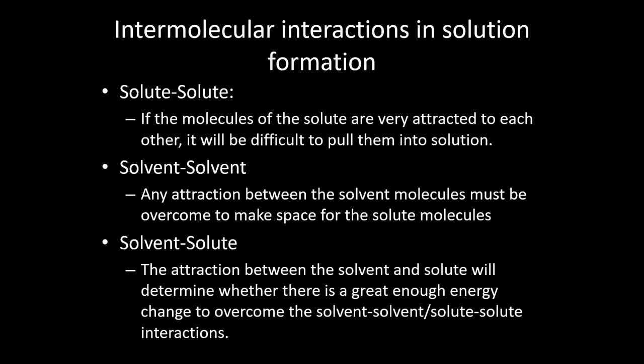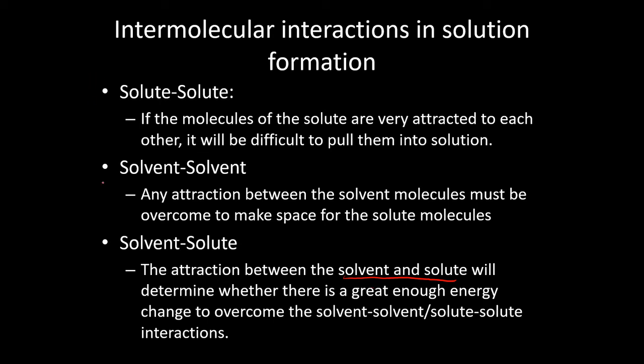The third type of interaction that can take place is the interaction between solvent and solute. So this is the one interaction that, if it is very strong, could cause the solution to form. This is the attraction between the solvent and solute, and the greater this interaction, the more likely it is to overcome these first two.